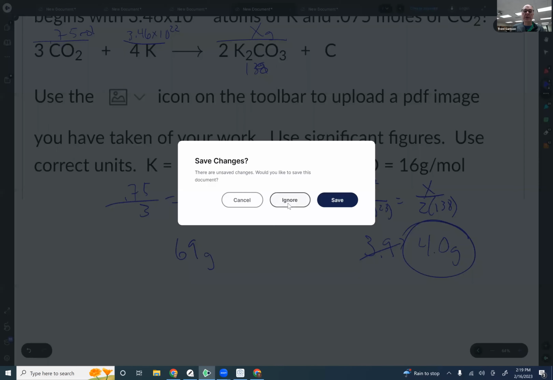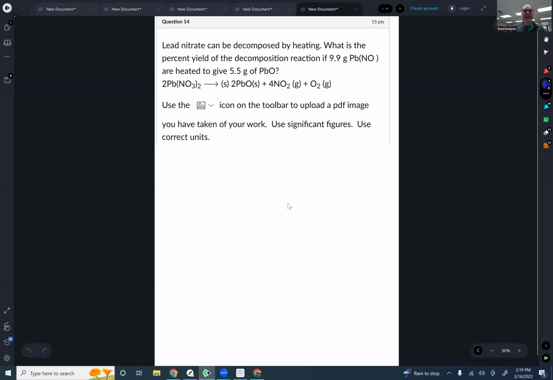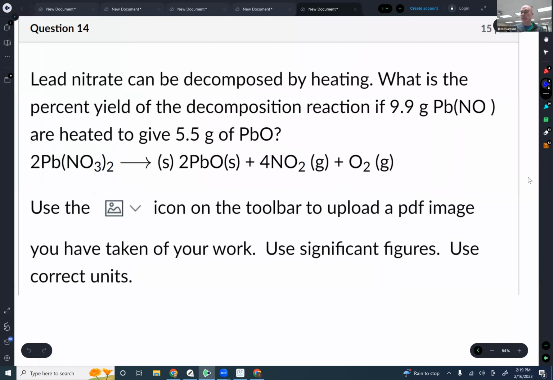I got one more to go, and this is a percent yield problem. So in this problem, again, you're given 2 starting points. Oh, no, you're not. You're just given 1 starting point. It gives you 9.9 grams. We're looking for this. So we're going to do a percent yield. So 9.9 grams.